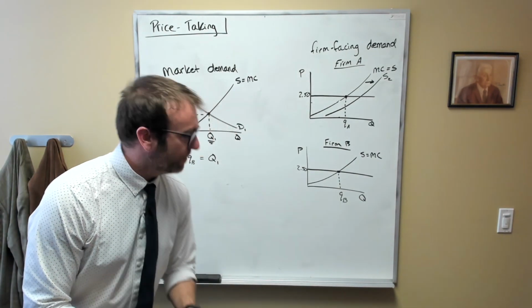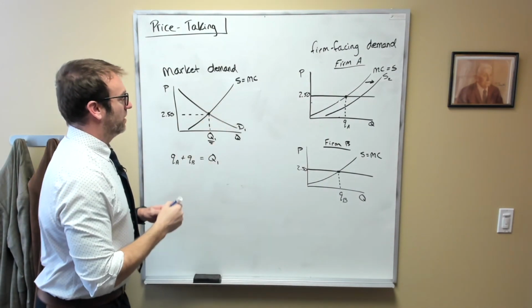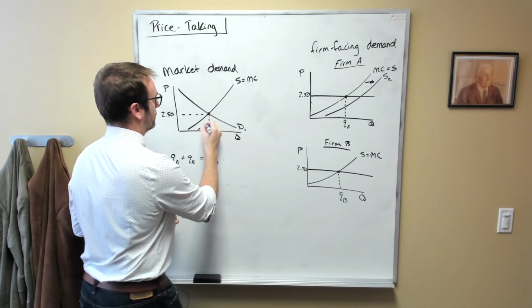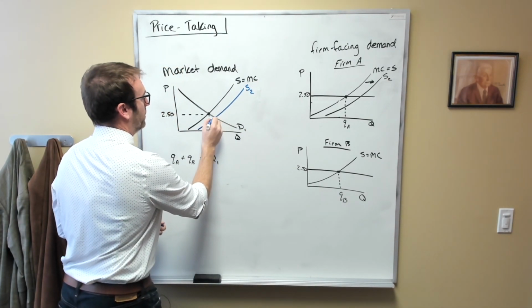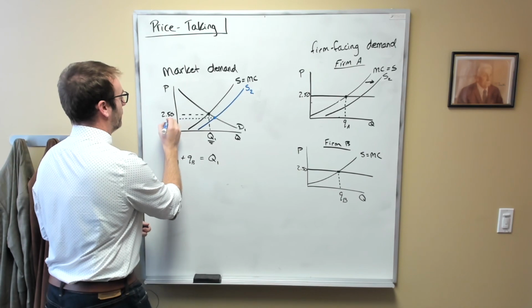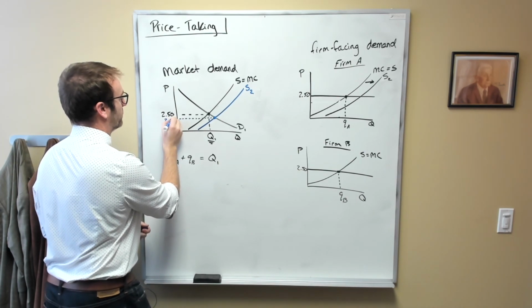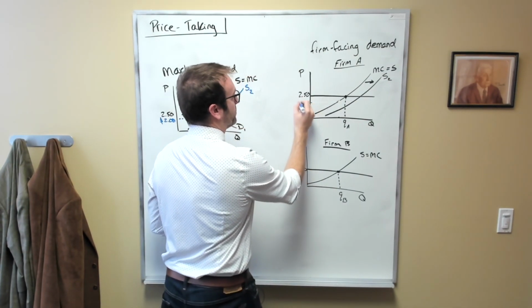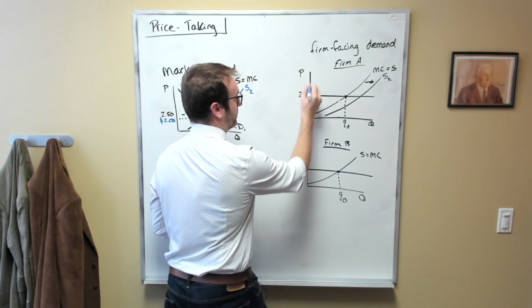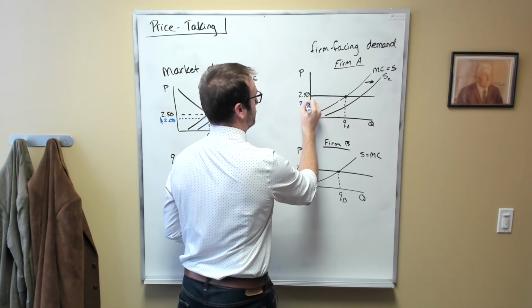So what happens is the market supply curve will shift to the right. That will lower the equilibrium price in the marketplace, let's say to $2. What that does is it lowers the price that these firms are able to charge to $2.